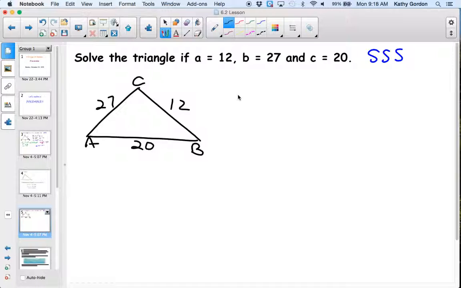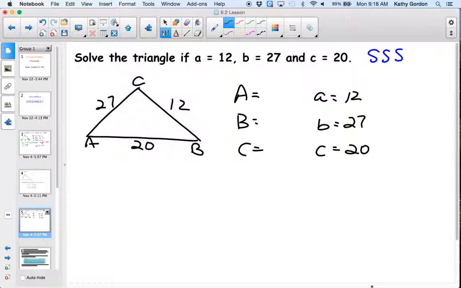So if we set up our grid this time, it's going to look like this. So I'm going to need to use the law of cosines to figure out one of those angles.